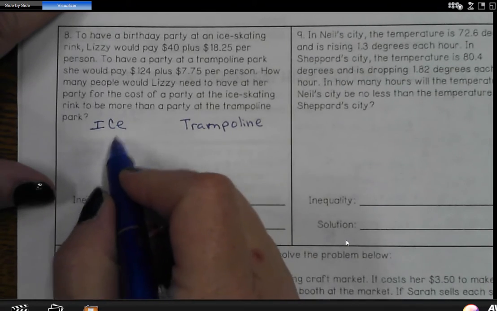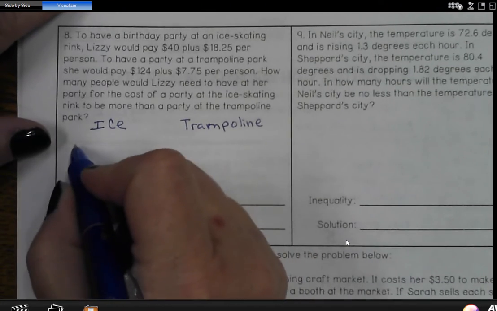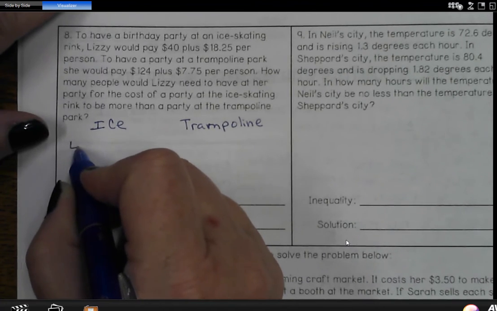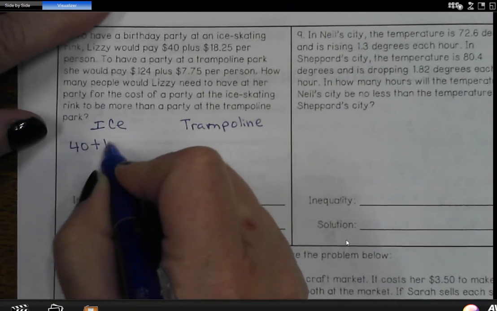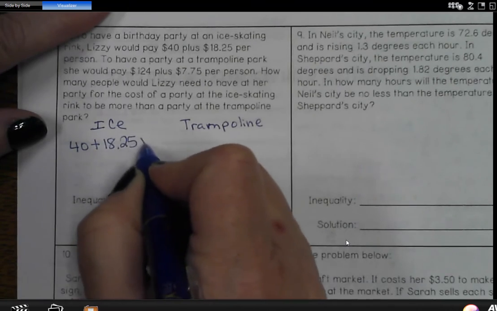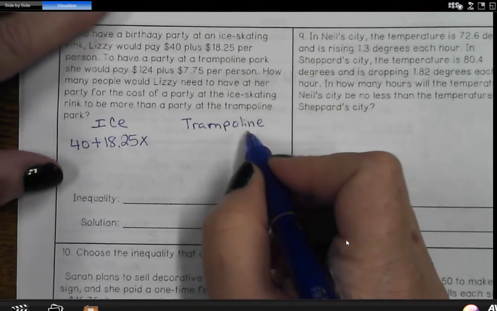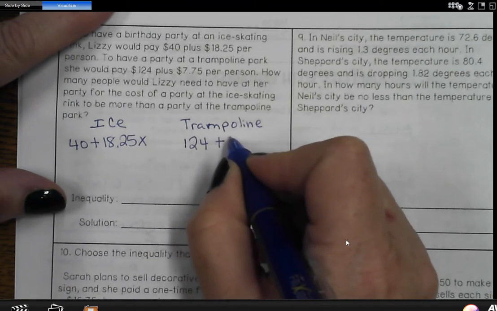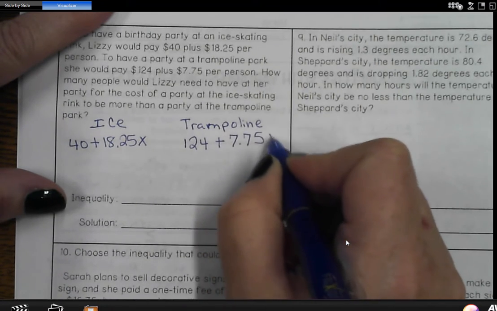All right, so Lizzie would pay $40 plus $18.25 per person. So how would I write that for the ice skating rink? 40 plus 18.25x. The trampoline is what? 124 plus 7.75x.